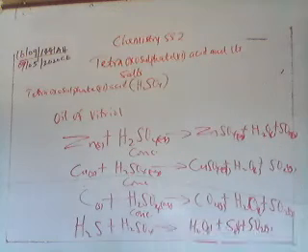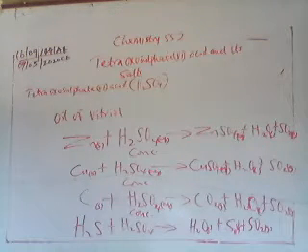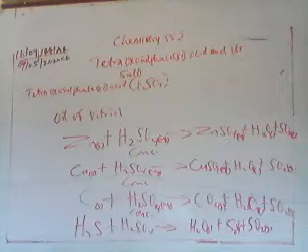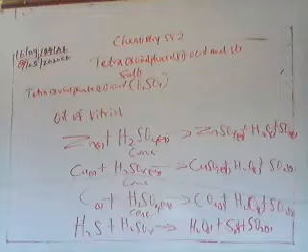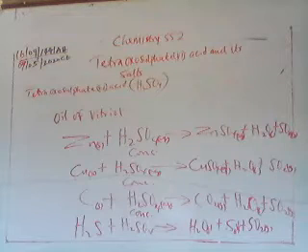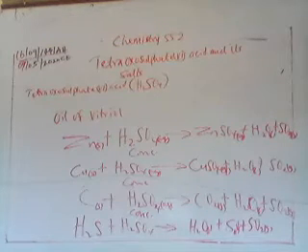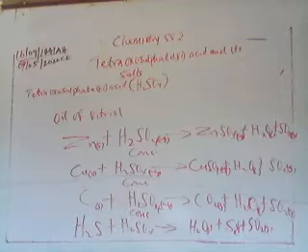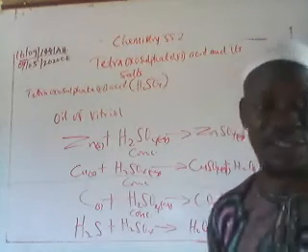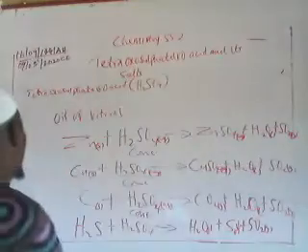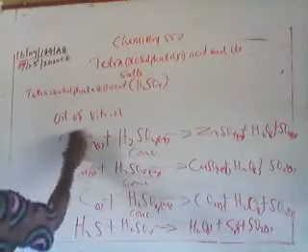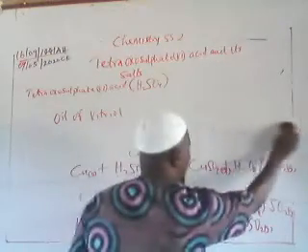And this is why tetraoxosulphate acid is not used in drying the gas, that is hydrogen sulfide. That's why it is not used as a drying agent for hydrogen sulfide, because it reacts with it. So this is one of the peculiar reactions of the acid when it is concentrated.